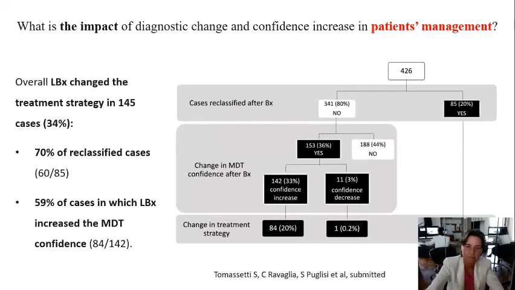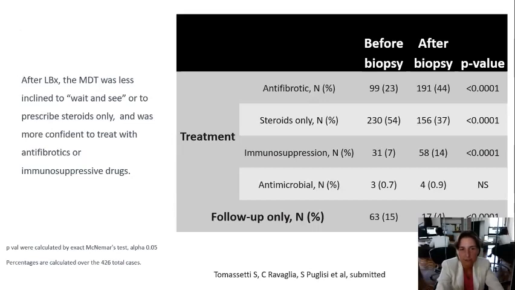Here you can see that in patients with lung biopsy that were reclassified after biopsy, in the majority of cases the treatment approach changed, and also in the cases that were not reclassified, but in which the confidence in the diagnosis was increased after biopsy, again, the treatment strategy changed, leading to a total change in treatment in 1/3 of cases, meaning that fewer patients were treated with steroids, and the use of antifibrotic and immunosuppressive treatment doubled after reviewing the biopsy information.